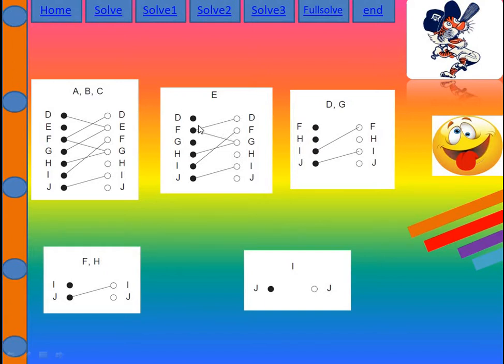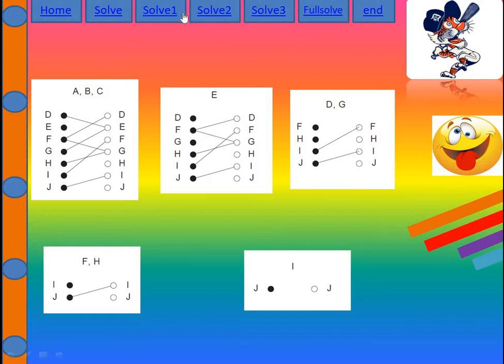Then after deleting D and G, I see that F and H have no arcs, so in the next step I delete F and H. After deleting F and H, I see that I has no arcs, so I delete I. And after deleting I, I see that J has no arcs, so I delete J. It's a very simple thing. Actually, the network diagram is very simple.